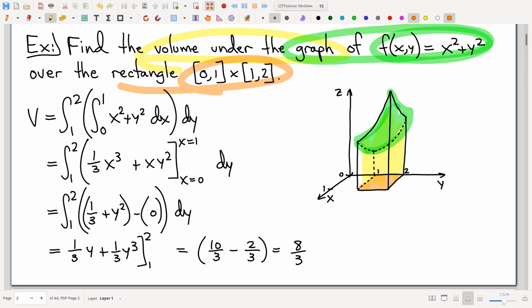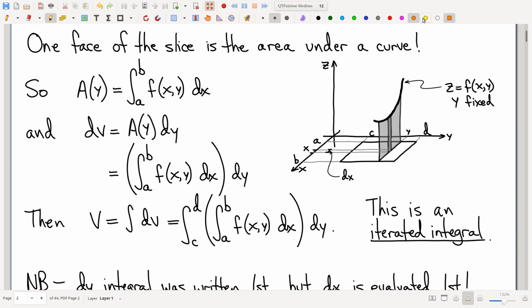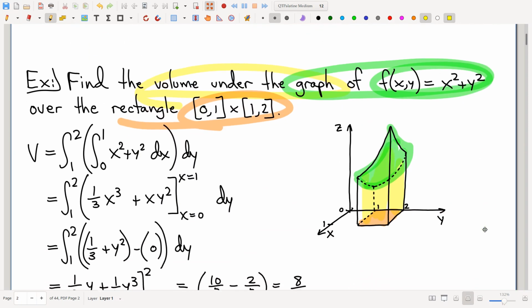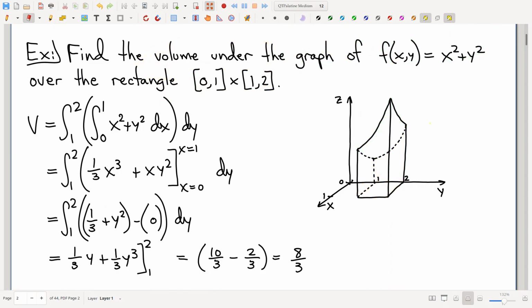We've got a graph. We're going to compute the volume sitting over a rectangle. And we already know the answer. We already did this argument here. You want to compute that volume? Cool. That volume is an iterated integral. So we just write this down. We don't have to go through the process again. We've already shown that this does it.